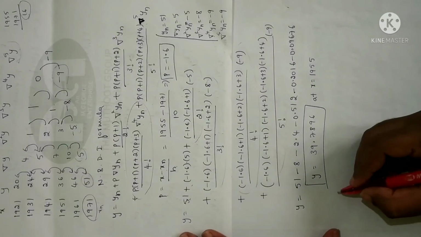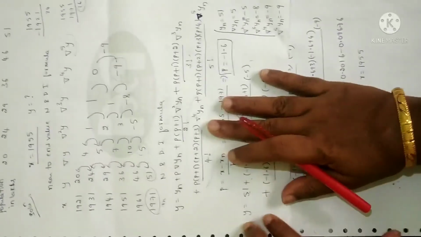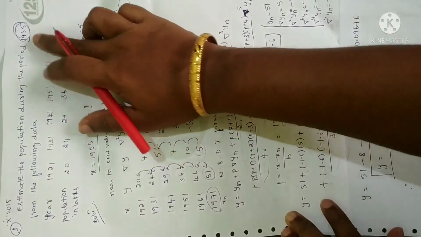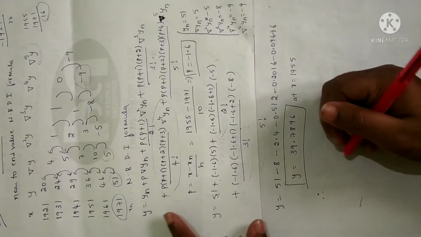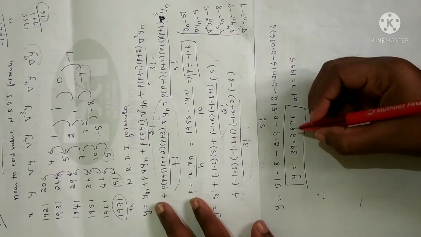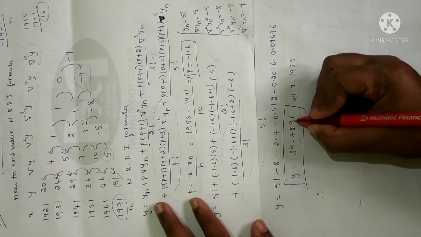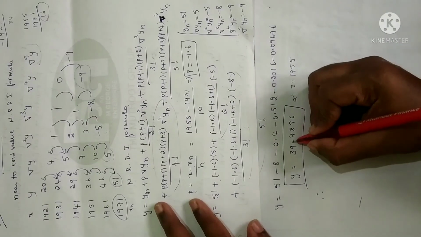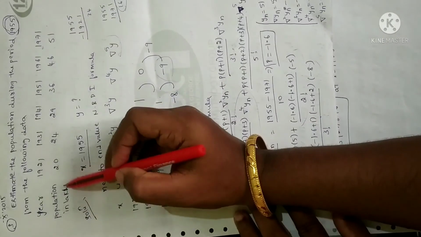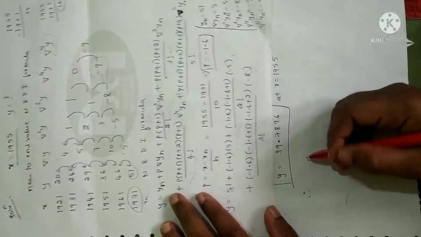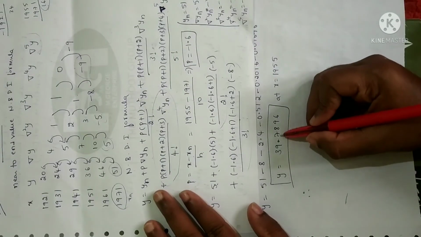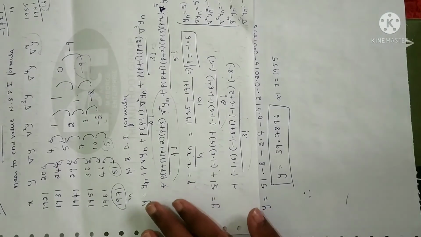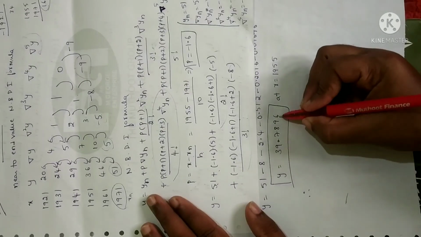Further, you need to write the conclusion. Therefore, what is the required population during the period 1955? Since it is population in lakhs, that is 39.79. You cannot round up here, because the given data is population in lakhs. In the sense, it is 3,97,896.